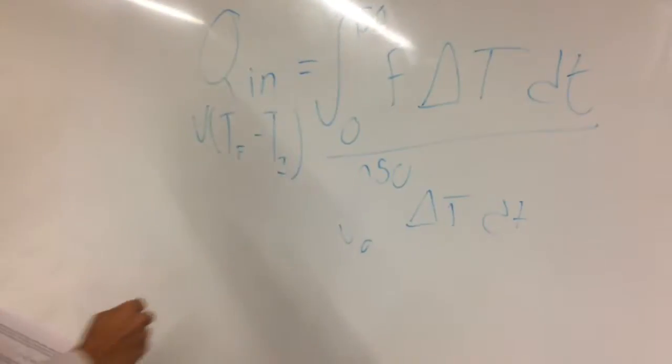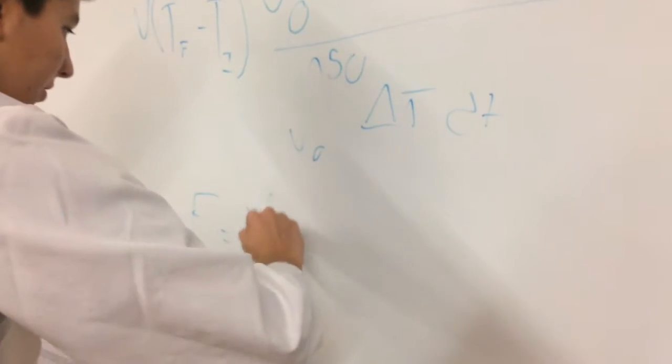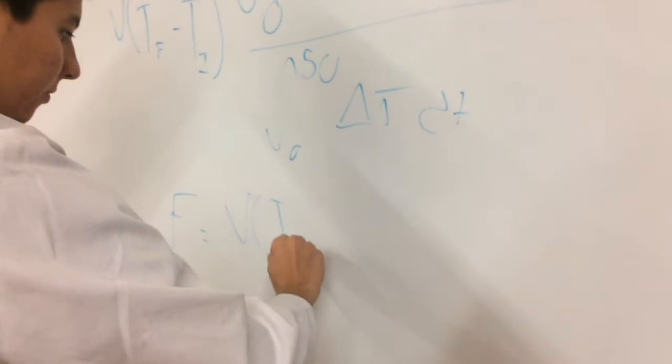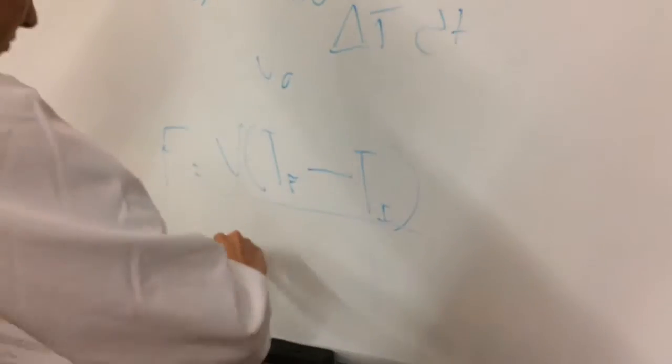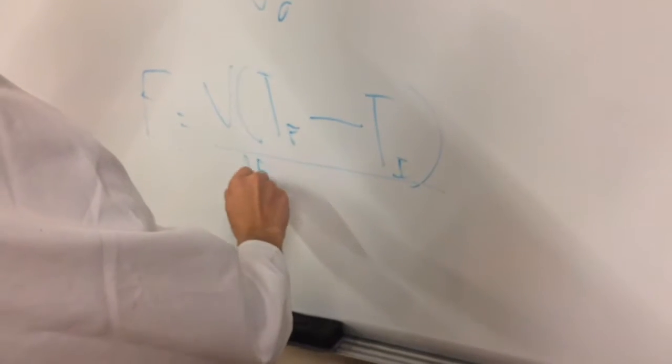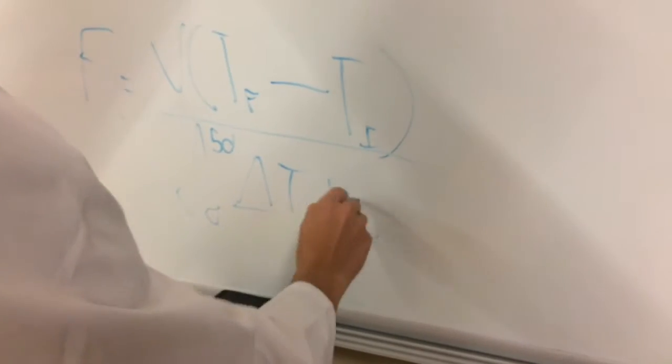Once we solve for this algebraically, F is equal to V (T final minus T initial) divided by the integral from 0 to 50 of delta T dt.